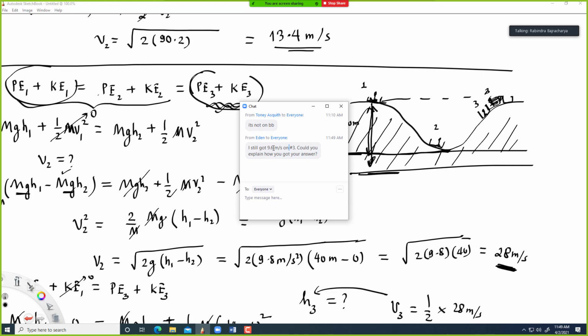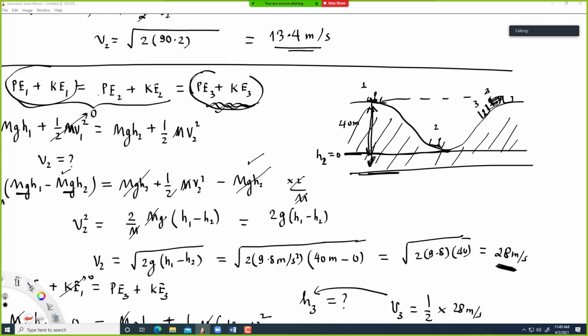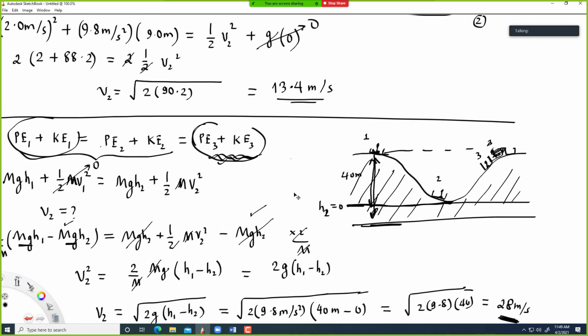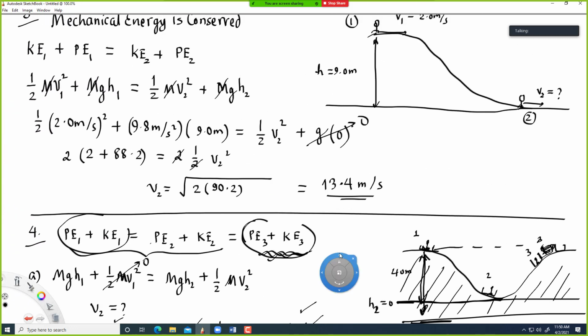9.6 meters per second on number 3. So let's see. 1/2 speed is 2, g is 9.8, height is 9.